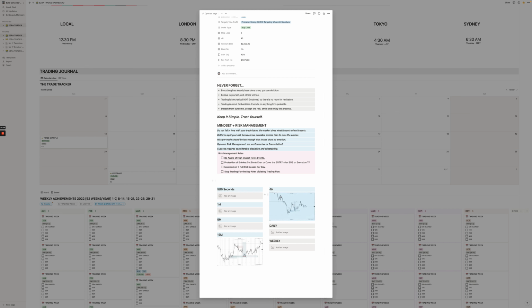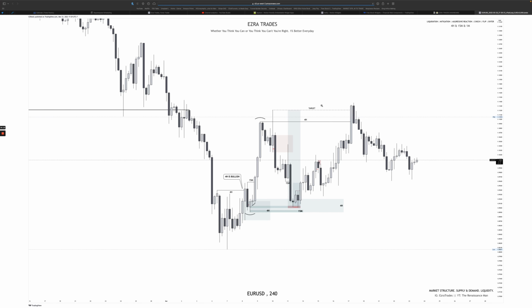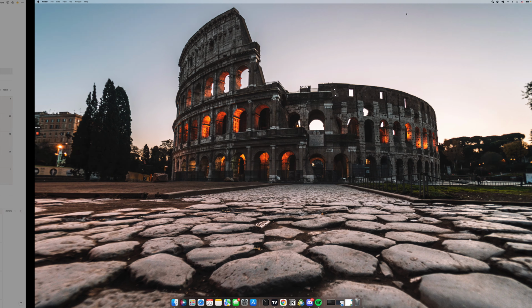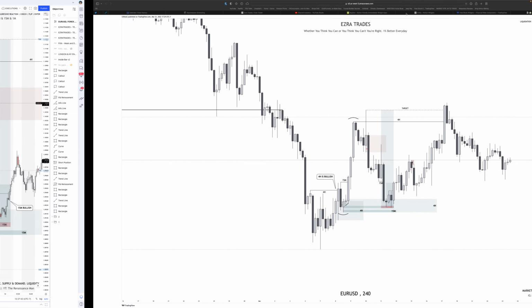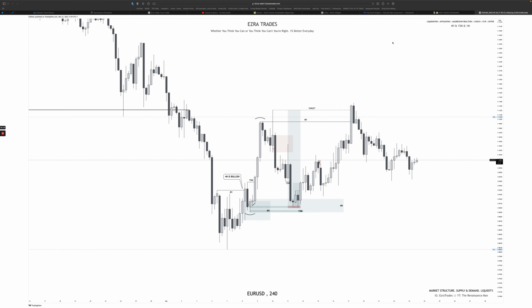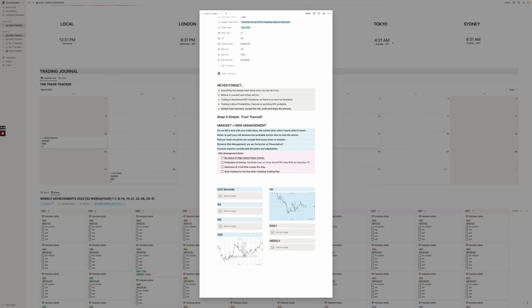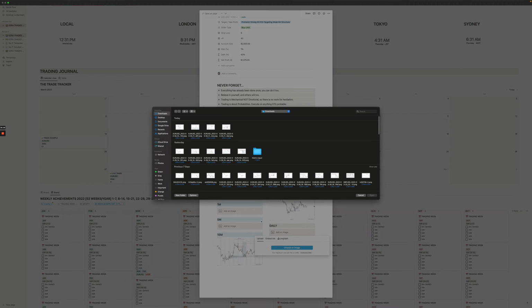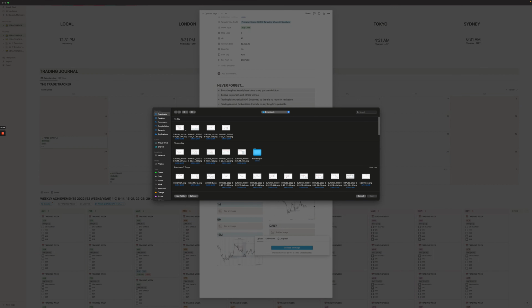Cool thing is you can add screenshots. So every time you have a trade and you want to take a screenshot of it, let's go to the actual chart here. For example, you'll go save chart image. Then when you go back to the software here, you just click choose an image, and you'll be able to pick it from here, and it'll just paste on there.